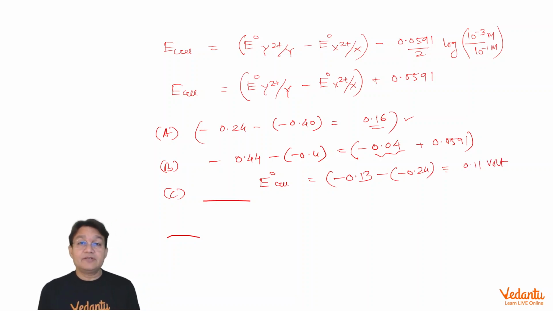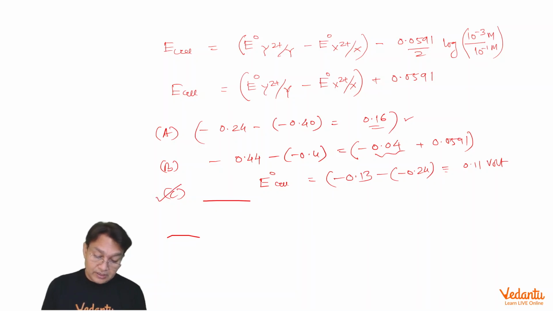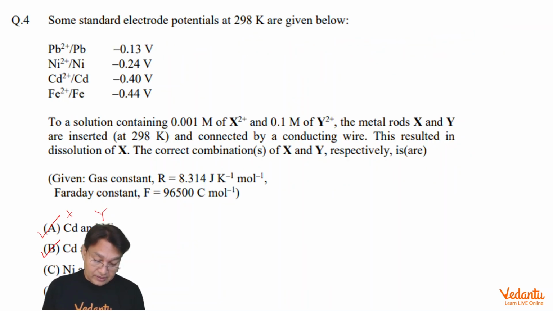That is E naught cell, which is positive, and if you add in this 0.0591, it is still more positive. So this option is also correct. So A, B, C are correct.